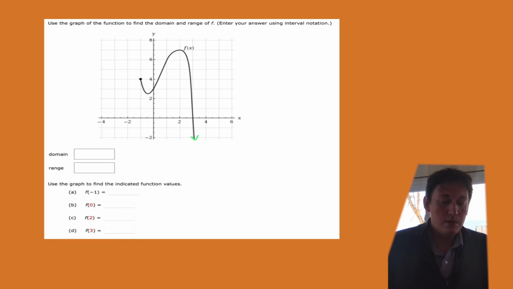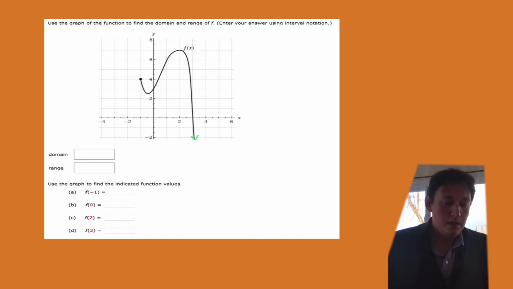So notice the first number that the domain could be, the x value, is here. This is my first x value, and the x value of that point is -1, and the y value is 4, so (-1, 4). But right now we're only worried about the x value. The first x value that this could be is -1, and if you noticed, that dot was filled in.